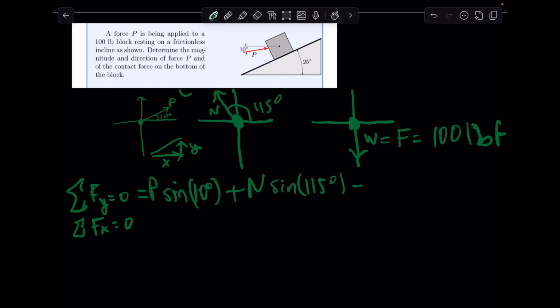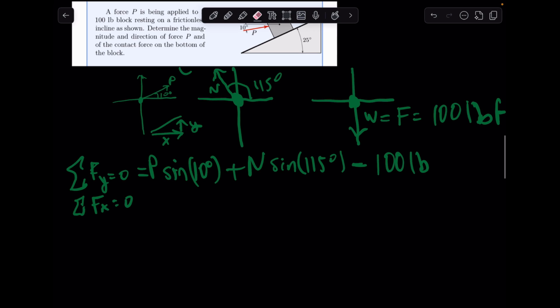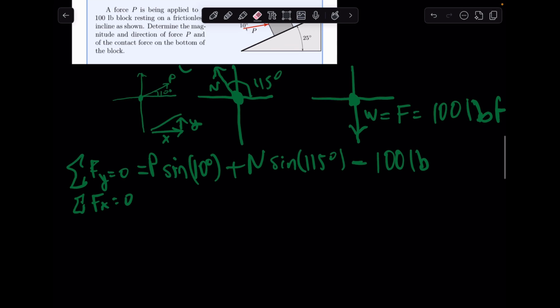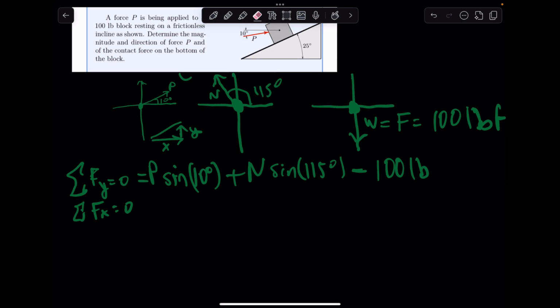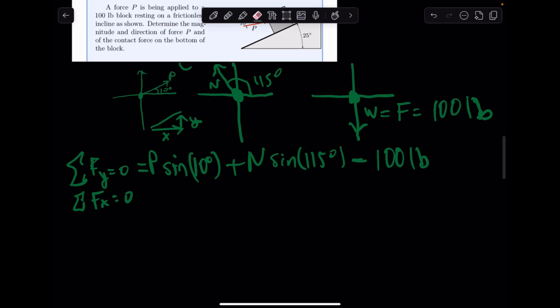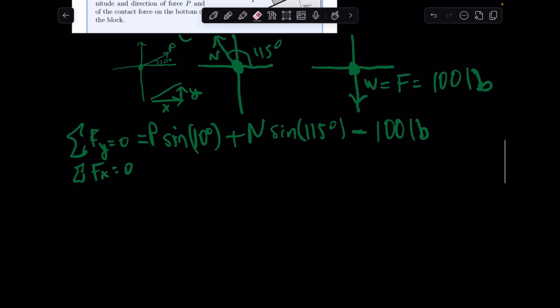So we're going to do minus 100 pounds. Technically it's pound force, but the problem doesn't say pound force, so we can just leave it at pounds, because we can keep our units the same and talk about pounds without having to use force units. So we can just say pounds.